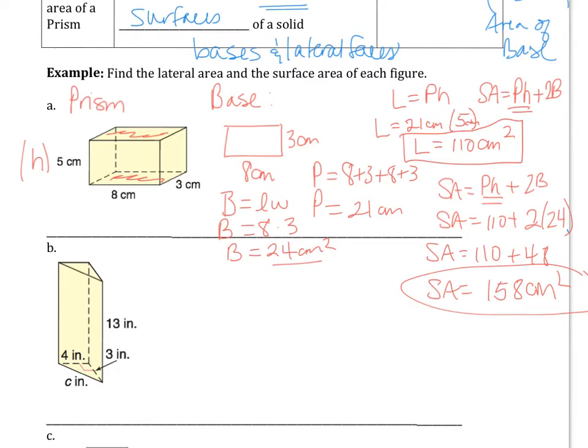Moving down here to this triangular prism. Let's label this. I'll use blue so you know which color. Triangular prism. So again, my lateral area is found with my perimeter times my height. Surface area is equal to my perimeter times height plus 2 times the area of my base.